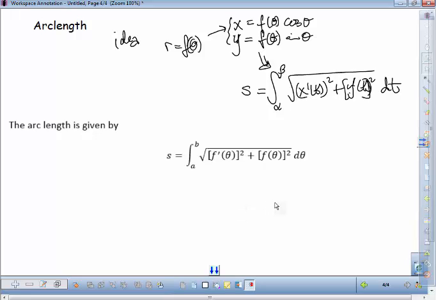It's just going to end up to be the square root of the derivative of the function squared plus the original function squared. And then you're going to take it from a to b, whatever a to b is.